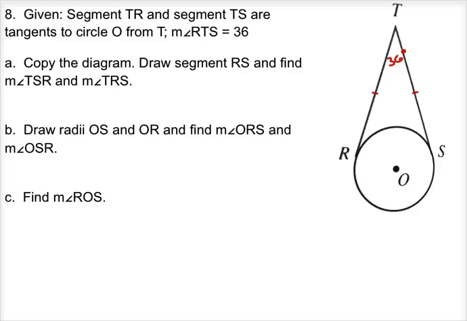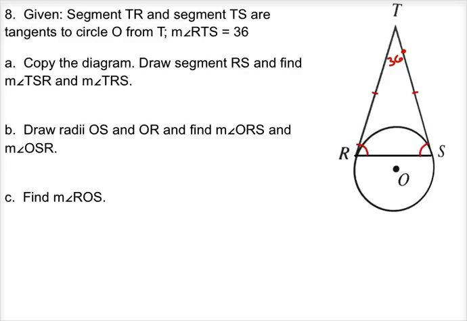In part A, it wants me to draw in segment RS. So drawing in RS. And it wants me to find the measure of angle TSR and angle TRS. I know it's an isosceles triangle because the tangents are congruent, so I know that these two angles are the same size.